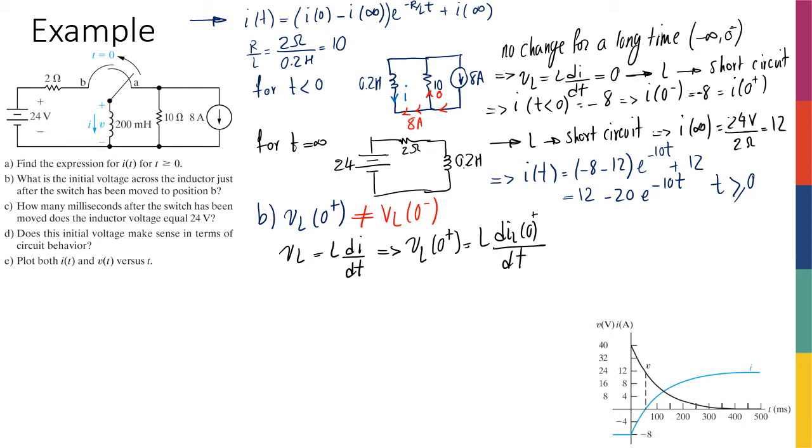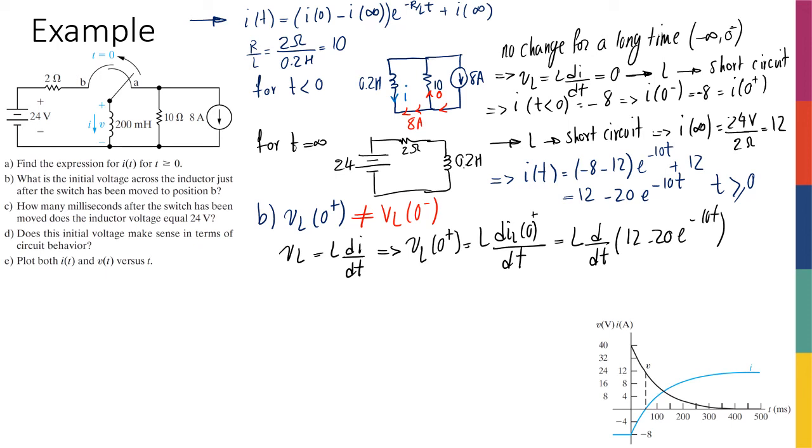Okay, so since I have the I expression after 0, which is the answer to part A, this is going to be equal to L times d over dt of 12 minus 20 e to the power of -10t, right? So now all I need to do is to actually take the derivative.